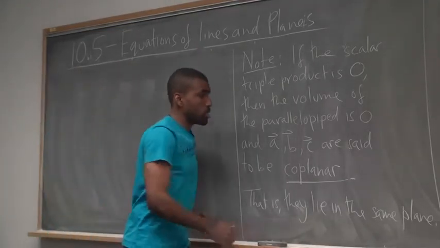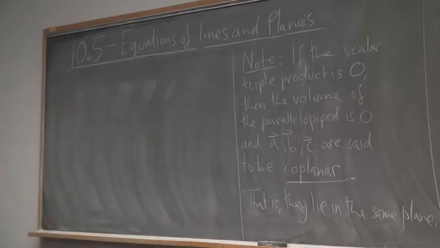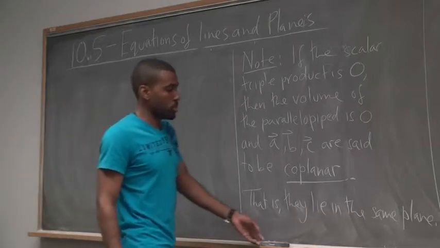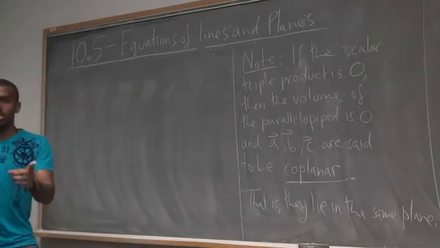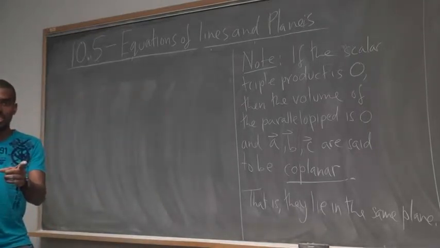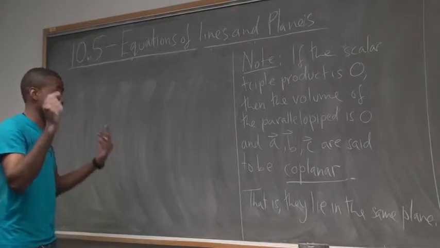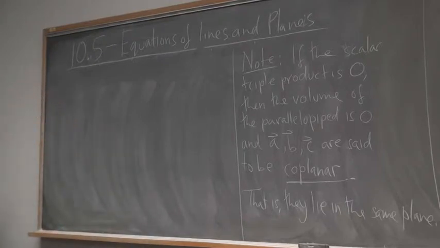So now we're going to do the equations of lines and planes in 3 dimensions because they actually look quite different from how they look in 2 dimensions, which we're used to. How do you find a vector orthogonal to 2 other vectors? You're not responding fast enough. I know 2 vectors are parallel.